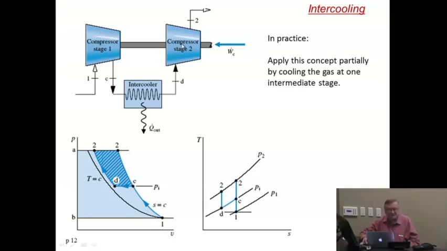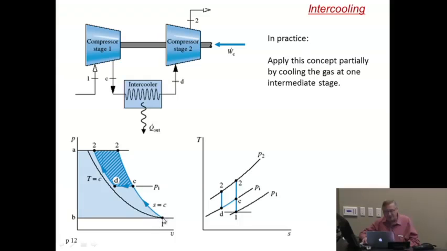We divide the compressor into two stages, and at some intermediate temperature and pressure, say C, we send the gas through a heat exchanger where we cool it with outside air. And that decreases the temperature. TD is lower than TC. So TD, if you want, is closer to T1. And if you, of course, could make the compression between 1 and 2 all the way isothermal, that'd be ideal. But you can't. This sort of makes it halfway isothermal, if I dare say.